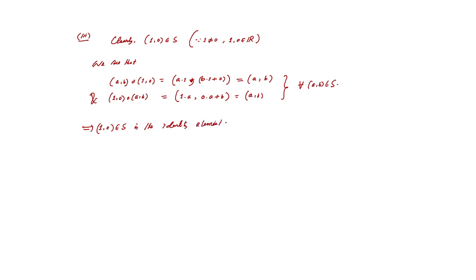So identity element exists. Now we come to the next important property, which is related to existence of inverse.